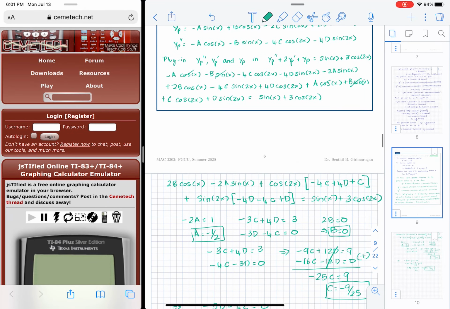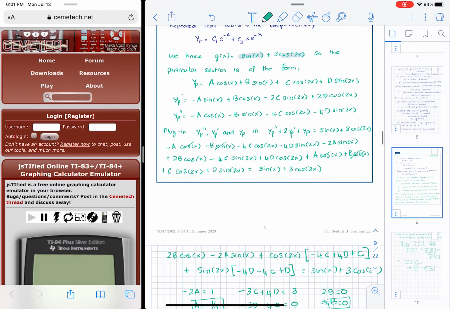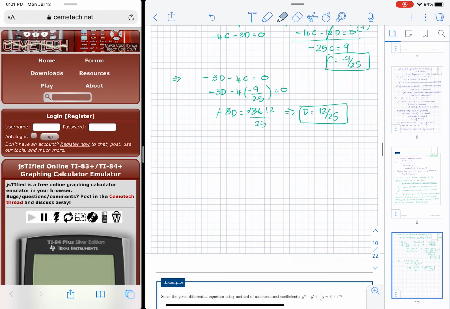We take all of that and plug it in the form that we identified earlier. So the particular solution, yp, is equal to a, negative 1/2 cosine x, b, which is 0, multiplied by sine x, c, cosine 2x, d, sine 2x.